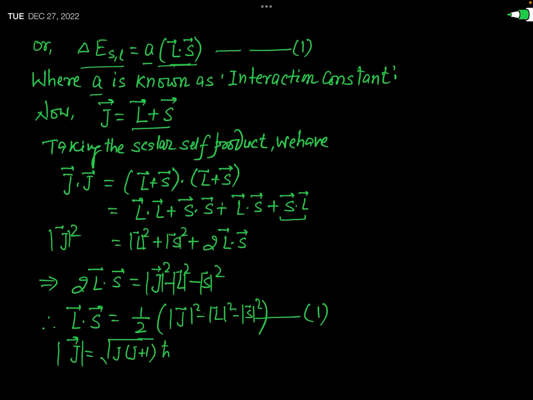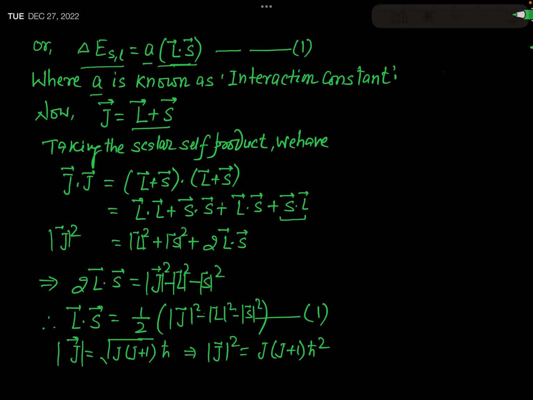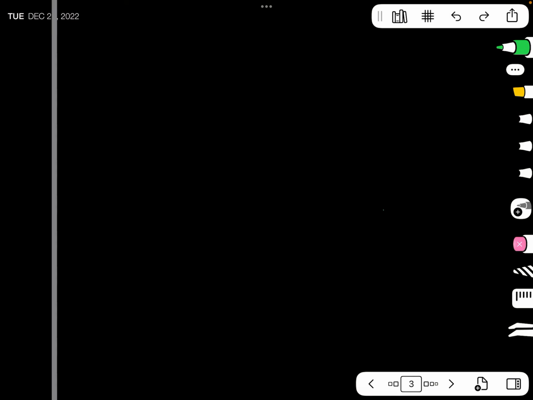That's why you can write that mod j square is equal to j times j plus 1 times h bar square, and in this the values of L and S are also written in a similar manner.